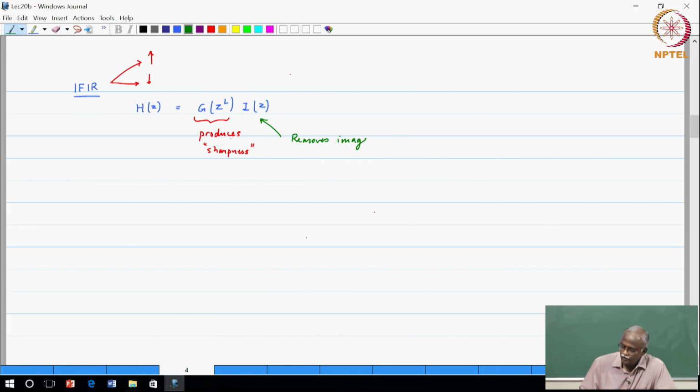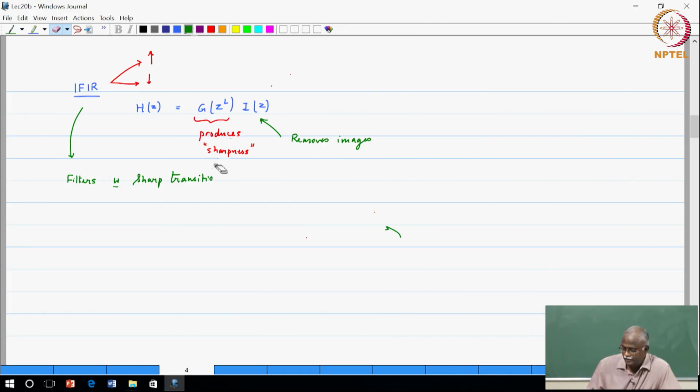Okay. So, we take advantage of the fact that insertion of zeros compresses the spectrum, and then basically you need to take care of it by removing the images. So, the IFIR technique is primarily used when you need filters with a sharp transition band, and it is definitely advantageous if you have sampling rate conversion as well.